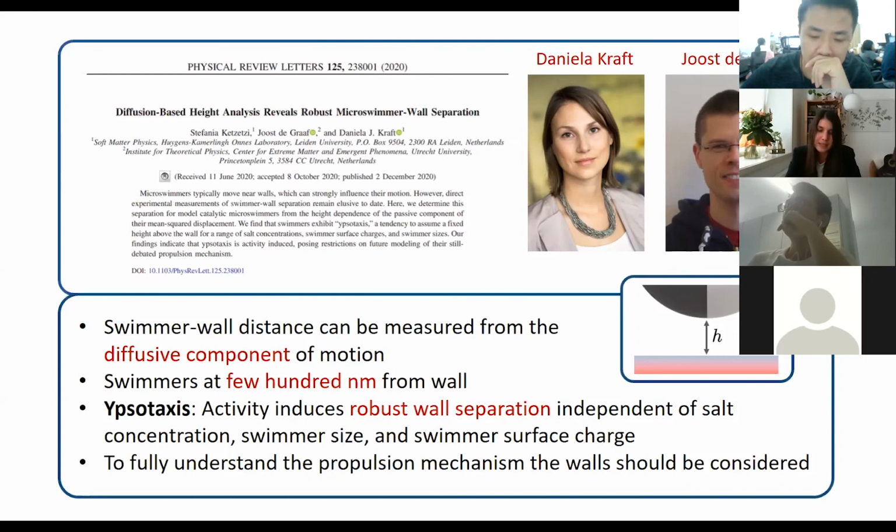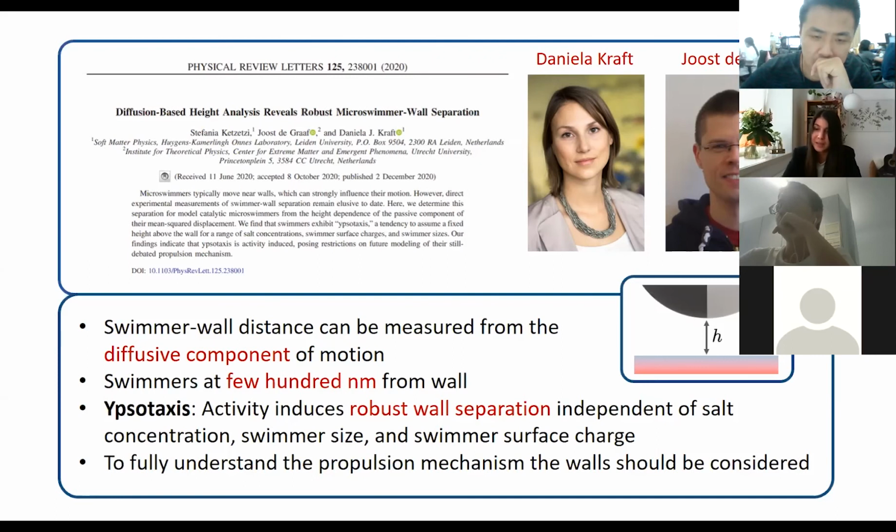A good way to check for this could be to take the particles, because we have never done three-dimensional measurements for our particles, and lift them far away from the wall and see what happens to their motion, if it decreases and how it decreases when you add salt in solution. What we propose is that these salt gradients could be important because of the wall and how they act on the wall.